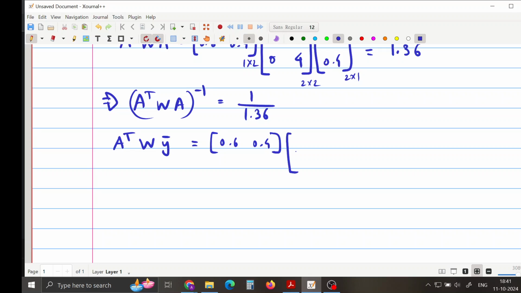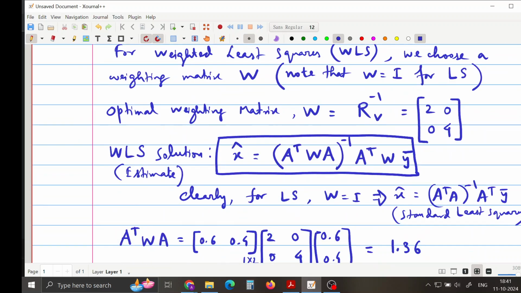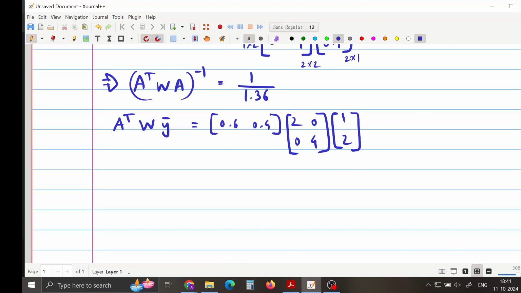W is 2, 0, 0, 4, and y bar was the noisy observation, which is 1, 2. If you go back, this was y bar, and if you calculate this, you'll get 4.4, again a scalar.